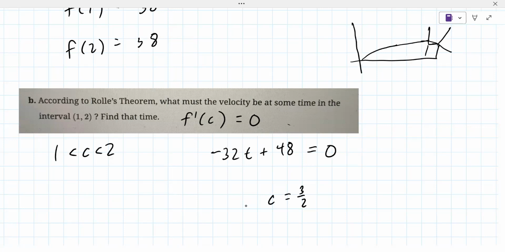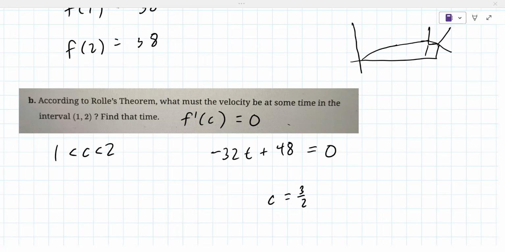Can we do 31, mean value theorem? Sure. So the mean value theorem has another set of things here. I'm sorry, I misspoke.